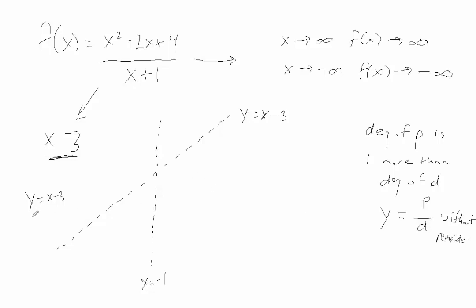Here we've got x minus 3 without the remainder: this divided by this is x minus 3. The one prior we had x plus 5 without its remainder, and that's where the graph tends to. This graph ends up looking something like this again. And again, the graph's going to tend toward this line.